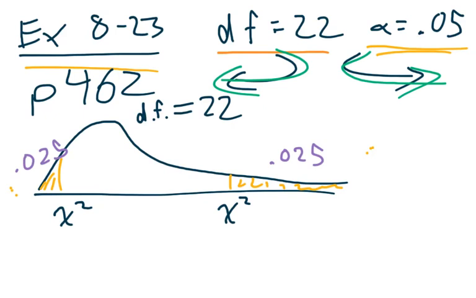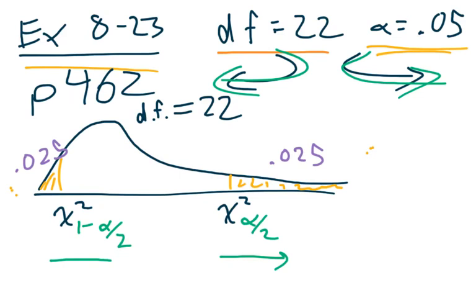So here, this one we generally denote as alpha, and this is 1 minus alpha. That's for a single-tailed test. That would be for a right-tailed test, and this would be for a left-tailed test. Since we have to divide up alpha by 2, this first one on the right is alpha divided by 2, and that's the area underneath the curve and to the right of that chi-squared value.